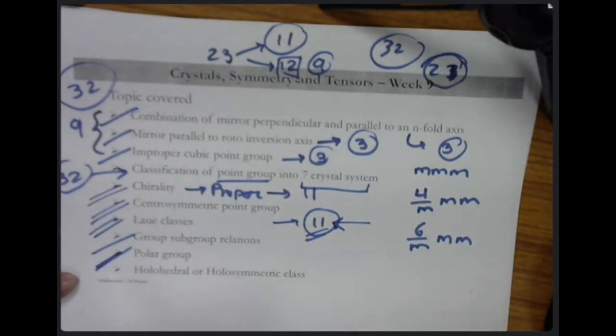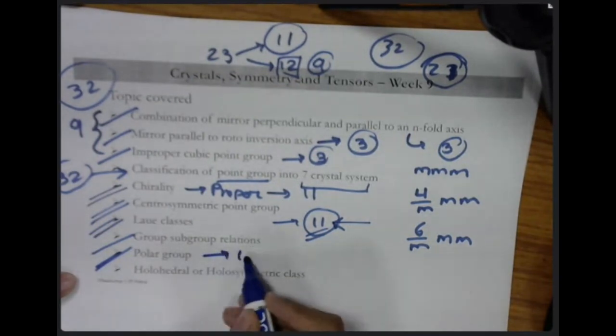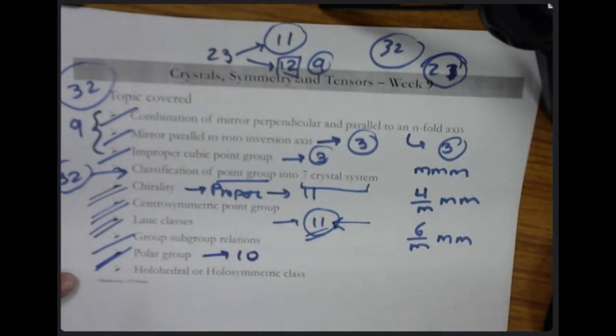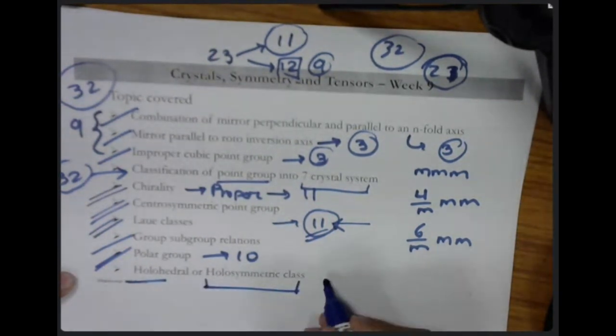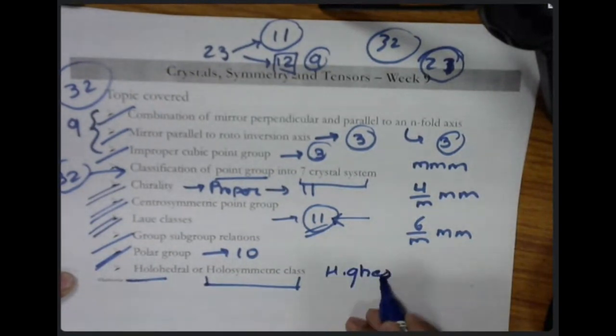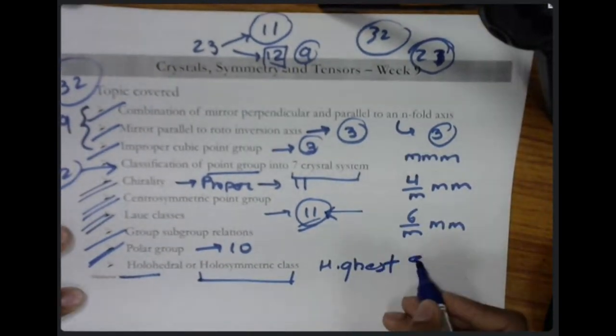How many polar groups are there? That is 10, and they can show the dipole moment and all. Then we've studied about holohedral, holosymmetric classes. That is the highest symmetry.